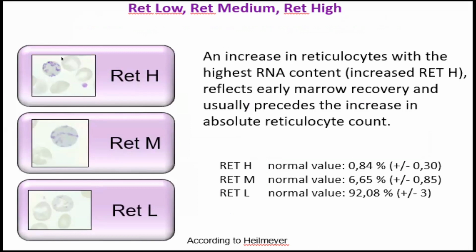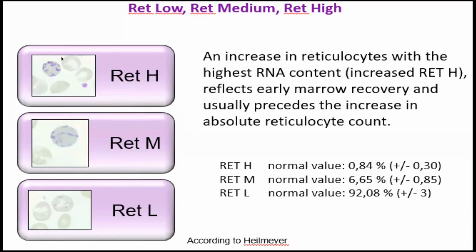And if high content reticulocytes are present, suppose some patient has received bone marrow transplantation, or after chemotherapy the patient is recovering, or after radiotherapy the patient is recovering. If you are able to see these high content reticulocytes, that means the bone marrow has started responding, and this will show you recovery.